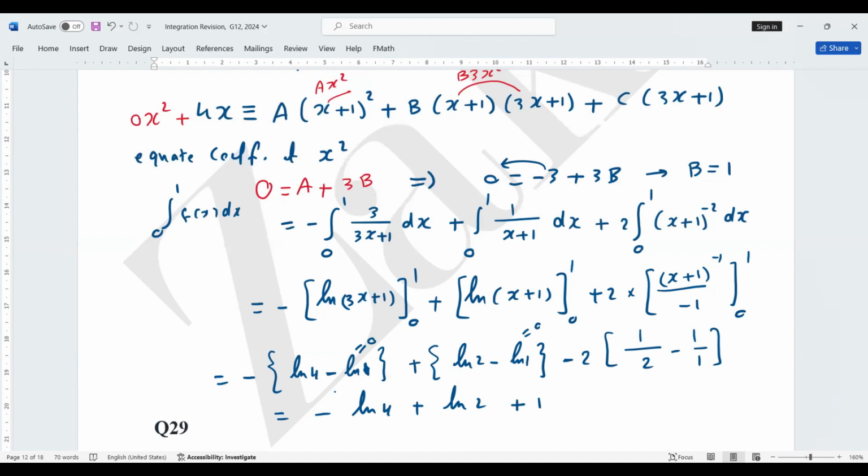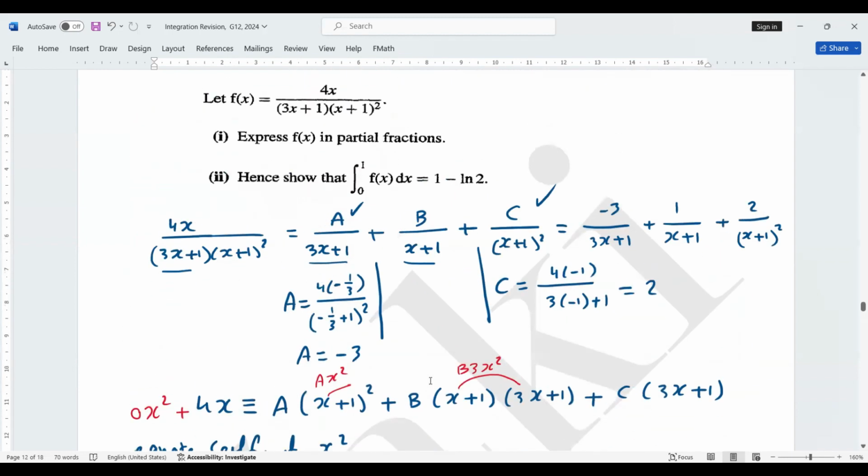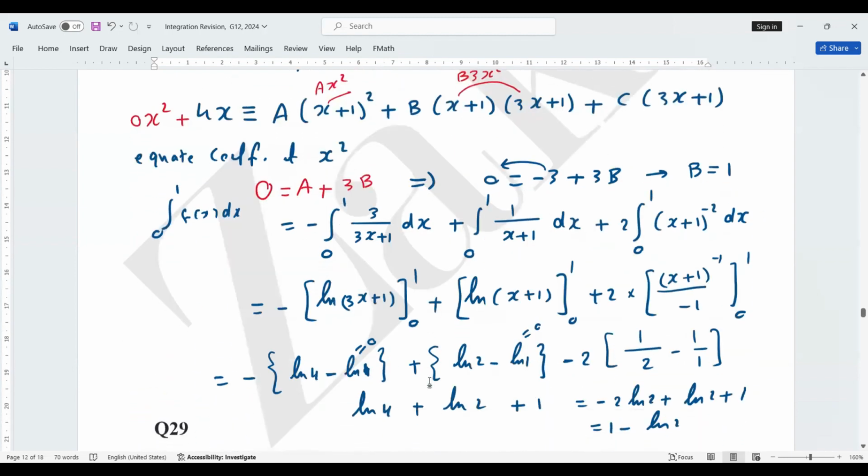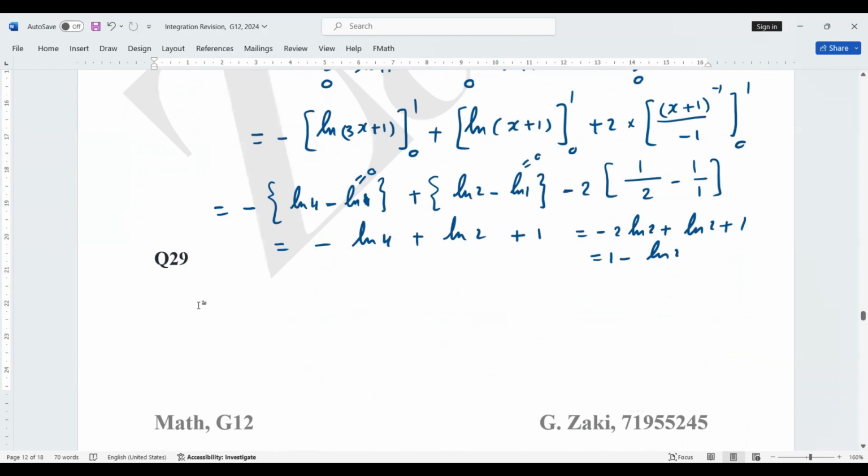Ln 4, it's 2 ln 2. So we can write negative 2 ln 2 plus ln 2 plus 1. Negative 2 plus 1, negative 1. So it's 1 minus ln 2. Is that the required? I hope. Yes, it's 1 minus ln 2. That's correct. Okay, Shabab? You understand?